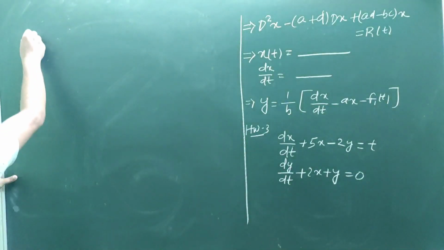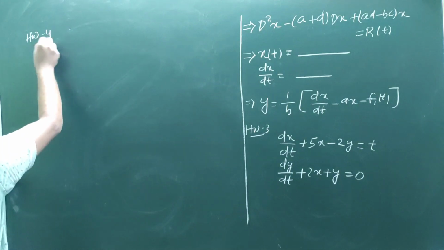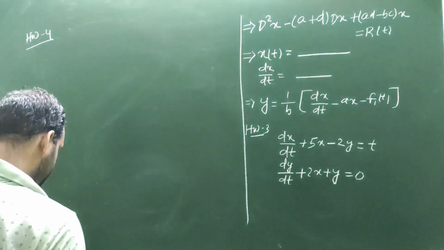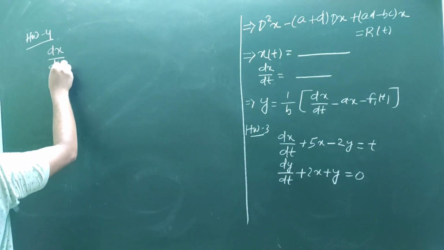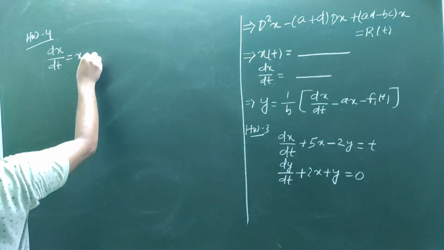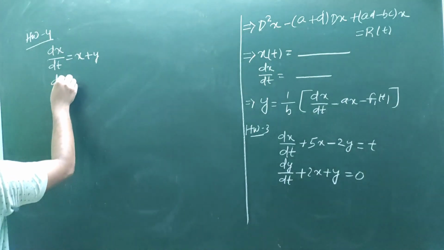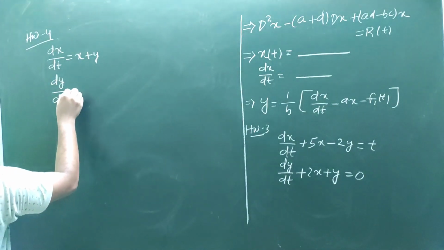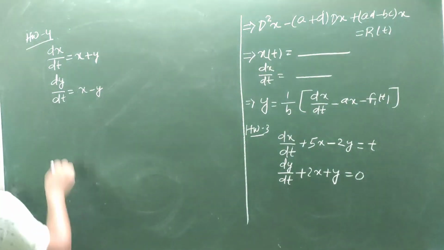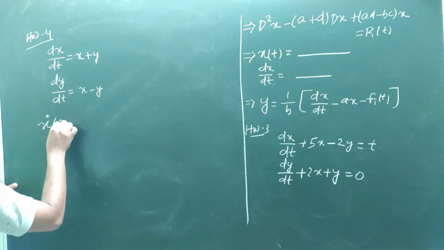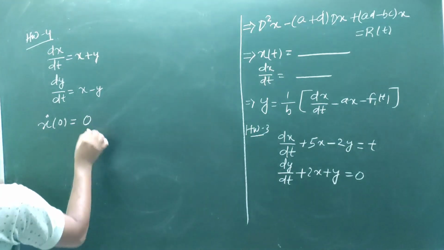So the second question is, this is the fourth homework in today's class. Two coupled equations are given as dx by dt is equal to x plus y, and dy by dt is equal to x minus y. He has given x dot at t is equal to 0 is 0.